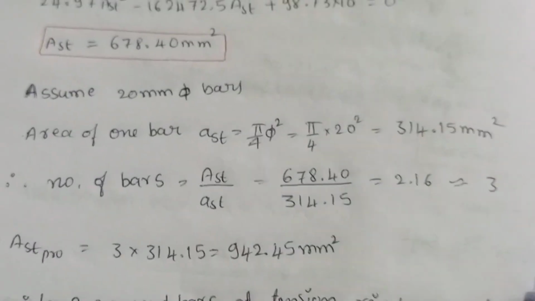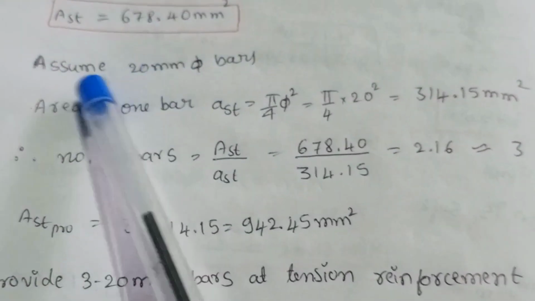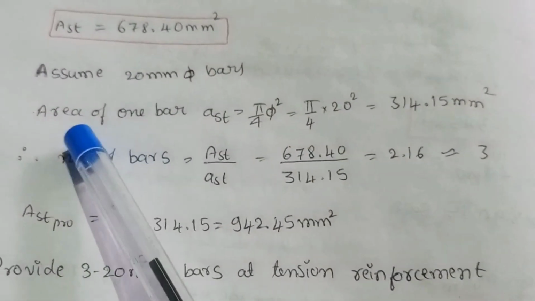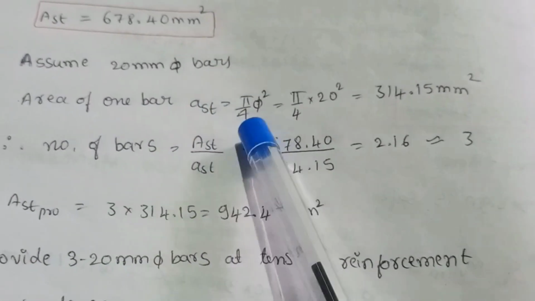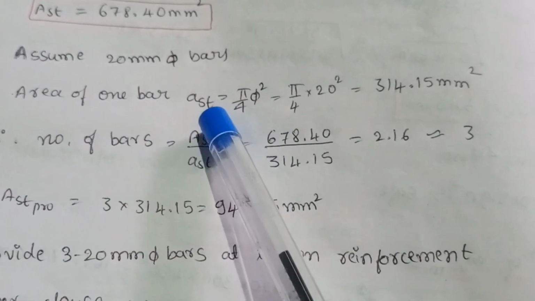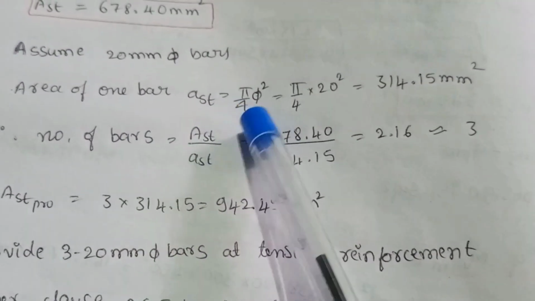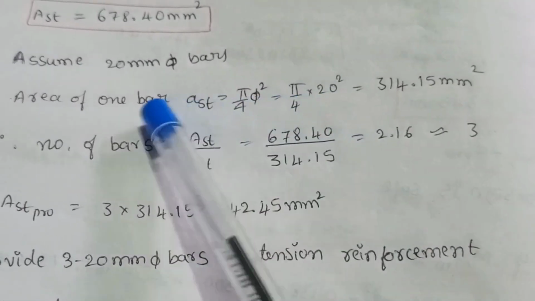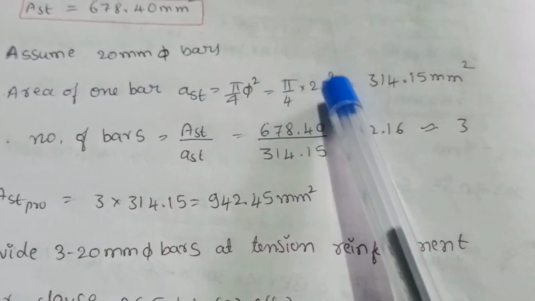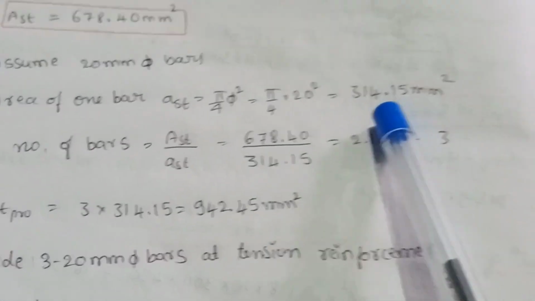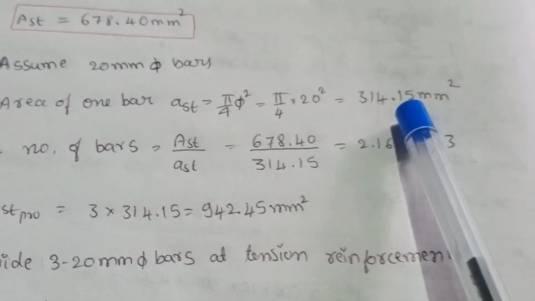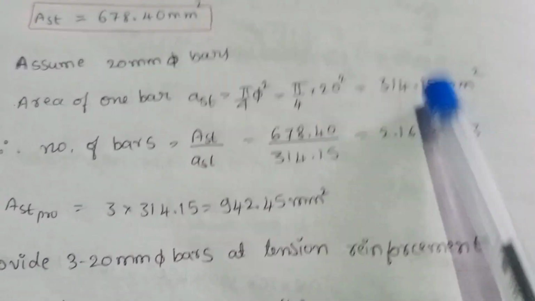So I have assumed 20 mm diameter bar. So the area of one bar, denoted as small ast, is equal to pi by 4 into diameter square. Pi by 4 into our diameter 20 square. After simplifying this, we will get 314.15 mm square as our area of one bar.